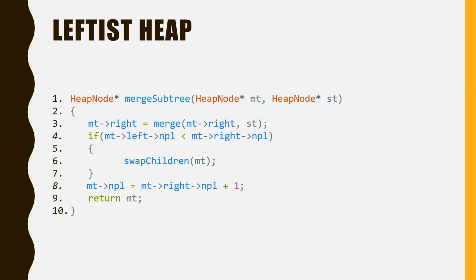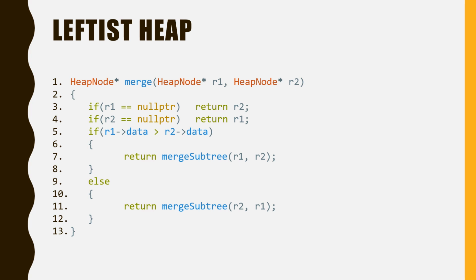If the left MPL is smaller than the right MPL, the left and right subtrees are swapped to maintain the leftist property. Finally, in line 8, the MPL of mt is updated based on the merged leftist heap.